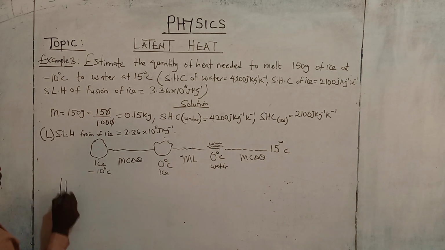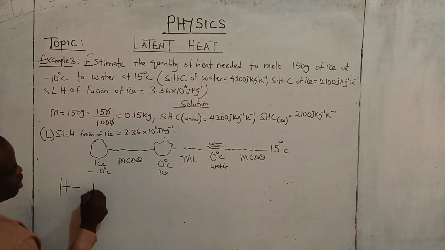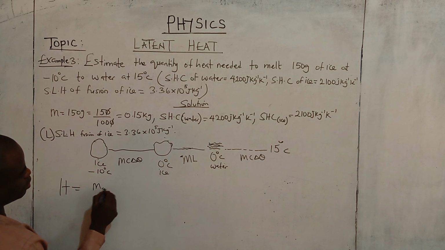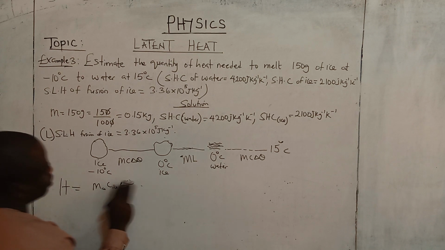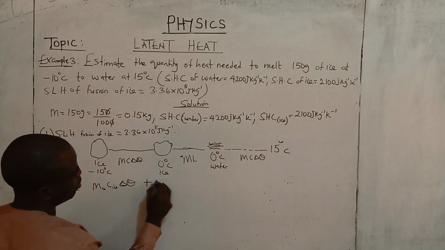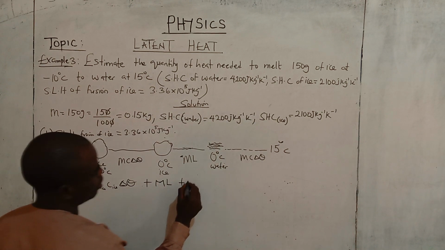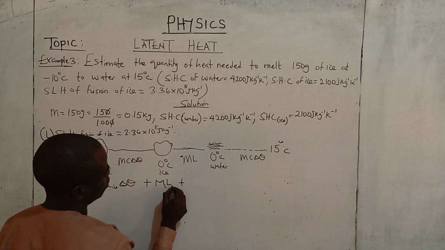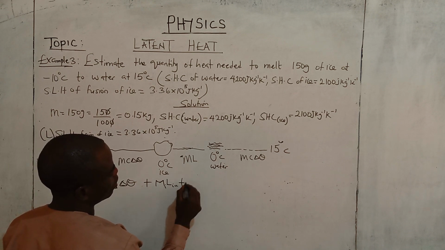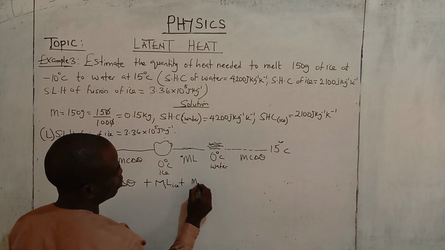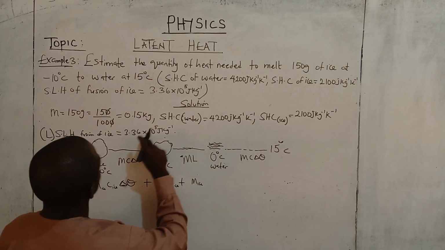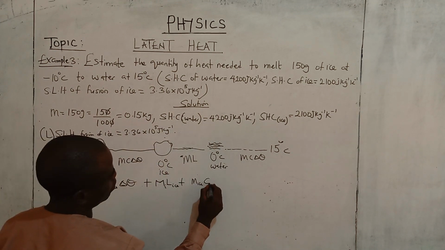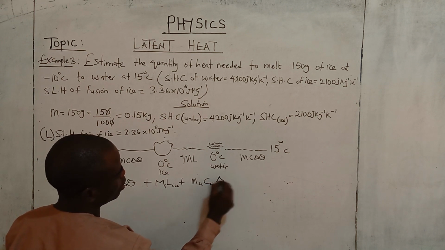Now the quantity of heat required to melt it is m ice, c ice, change in temperature, plus ml, plus the mass of the ice, which has turned to water, so we use the specific heat capacity of water and the change in temperature.